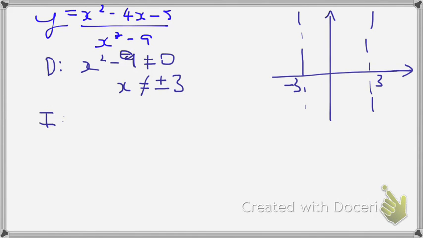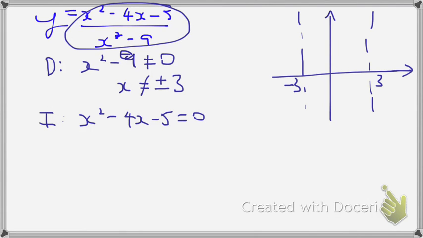So hopefully you'll all remember that if I'm going to make this a 0, which is a fraction, the only way a fraction can be 0 is if the top is 0. So I get that, and that's x minus 5, x plus 1.